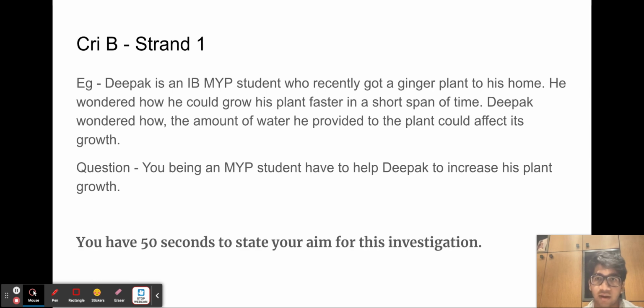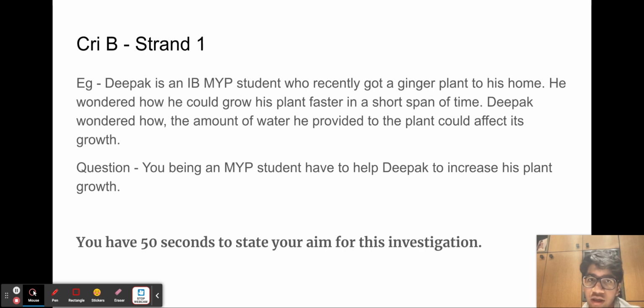So here I think that the IV, as you all must have guessed, is nothing other than the amount of water which will be provided to the plant. Now the DV here is the growth of the plant, and we can measure the growth easily by using a ruler or a scale.